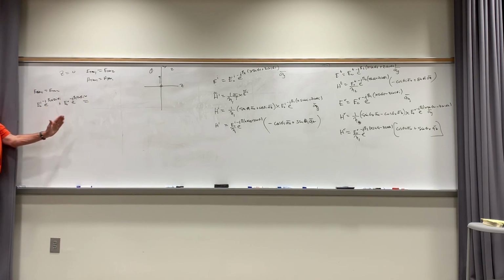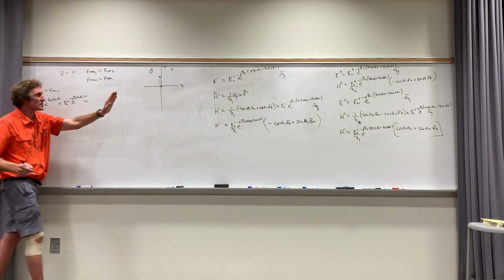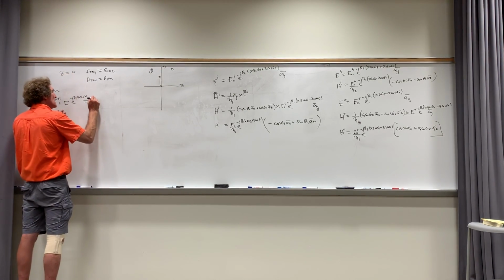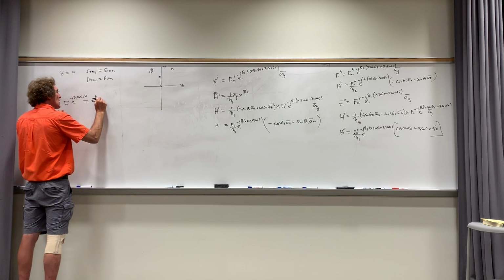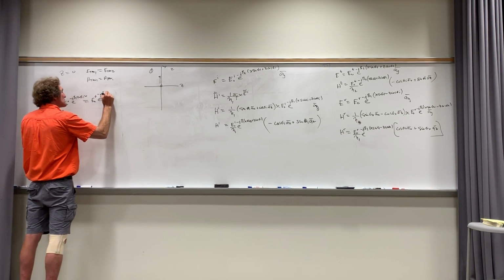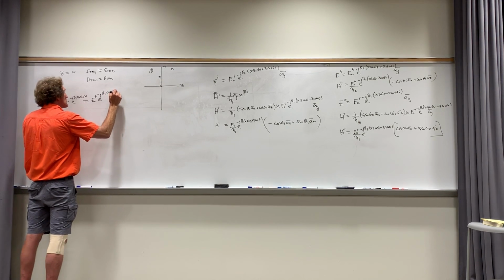That's the tangent value in region 1, oriented in the y direction. It's got to be equal to the tangent value over here, which is the transmitted field: E naught transmitted times e to the minus j beta 2 sine theta 2 x.